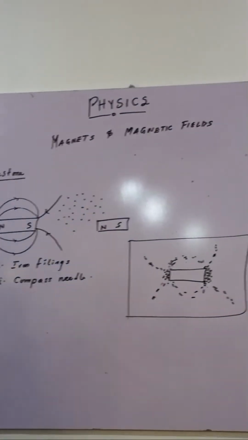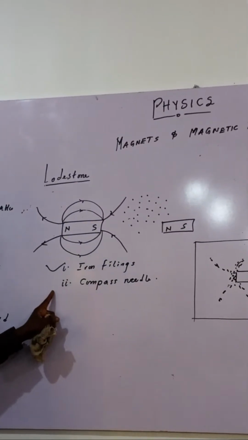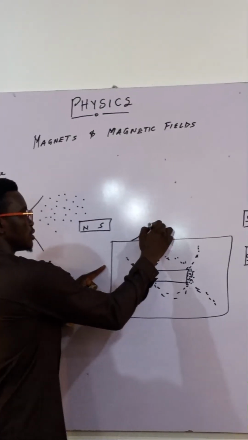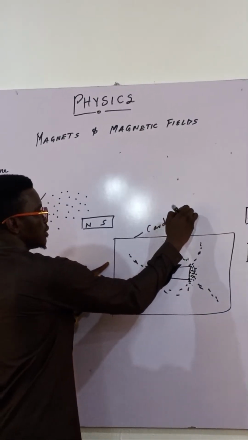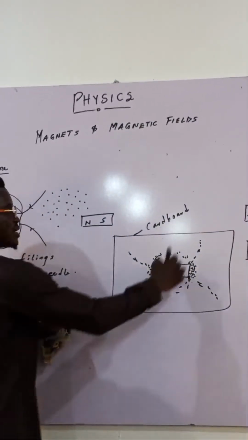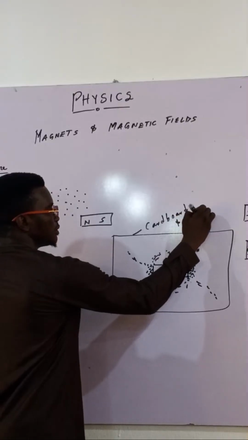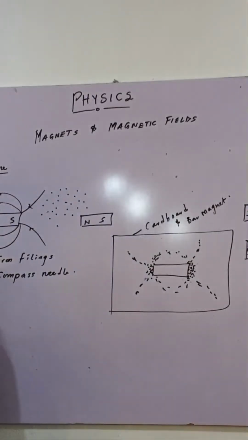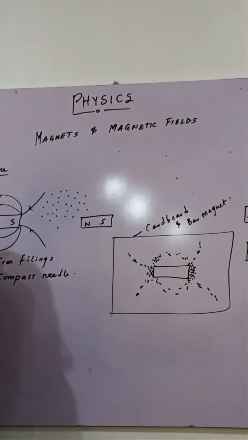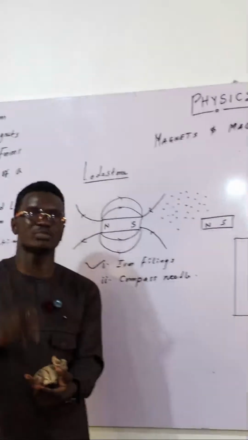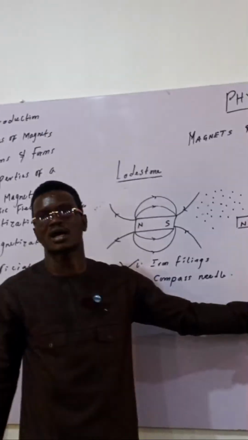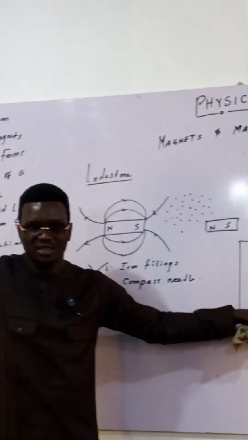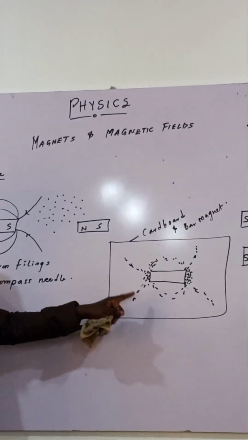The first way you can do it is by using iron filings. So how do you use iron filings? You use a cardboard and the bar magnet. You sprinkle the iron filings on top of the cardboard and you start tapping the cardboard, and you see a particular arrangement. That arrangement shows you the magnetic field lines. So draw that.